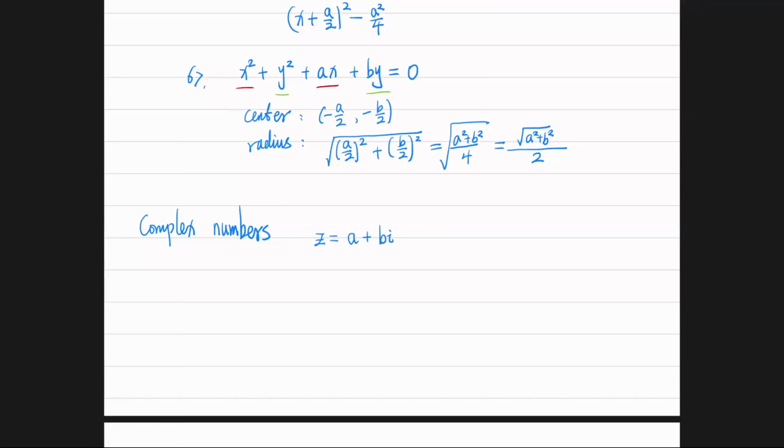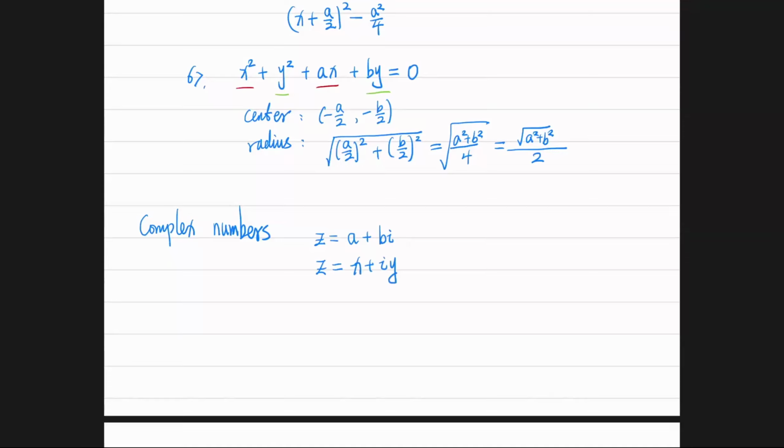I have a better version. Z equals x plus yi. Okay, that also works.